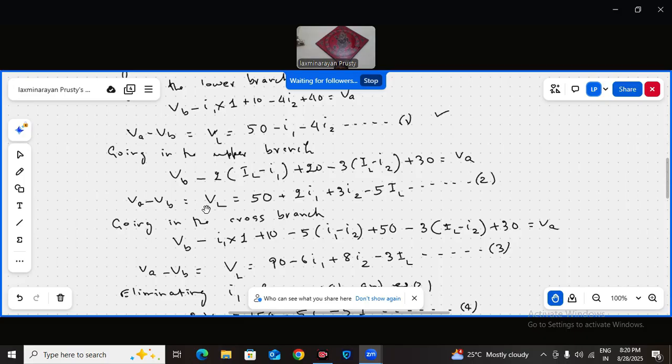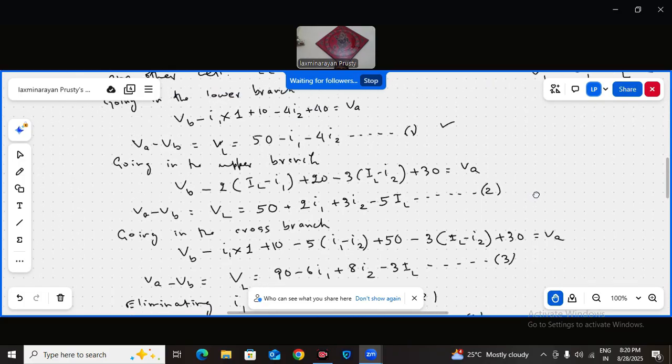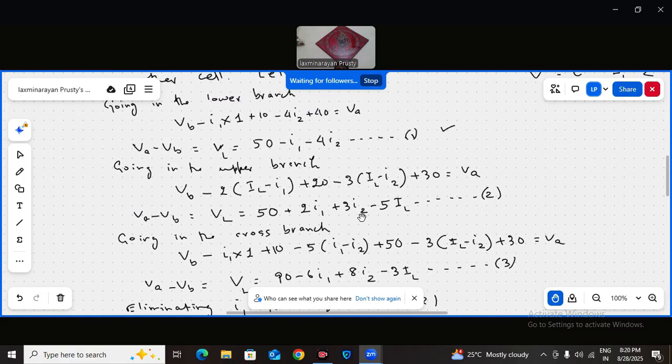So VA minus VB, that is VL, is equal to 30 plus 20 is 50, plus 2 I1 plus 3 I2 minus 5 IL. This is equation number 2.